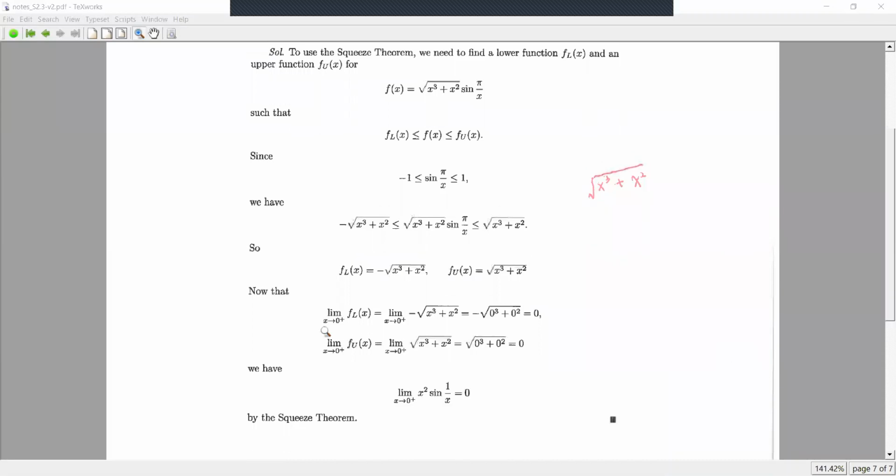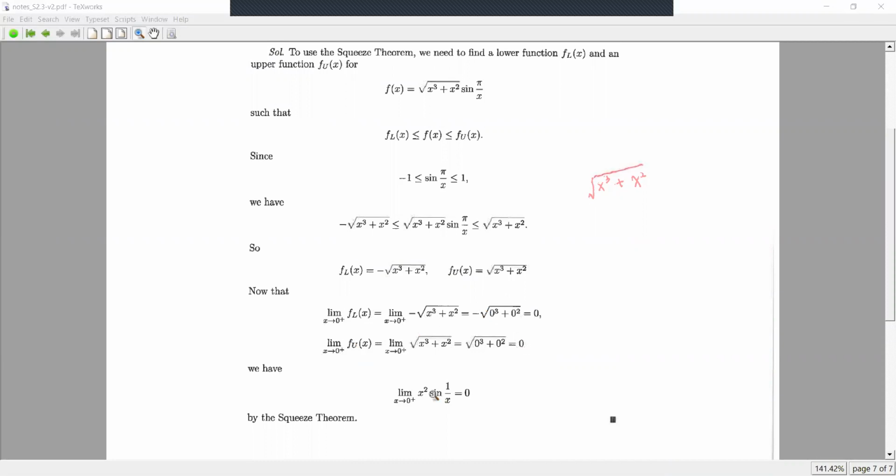By direct substitution, it's easy to see that as x approaches 0 from the right side, the lower function approaches 0. Plug in 0 for x to get the limit. As x approaches 0 from the right side, the upper function also approaches the same number, 0.